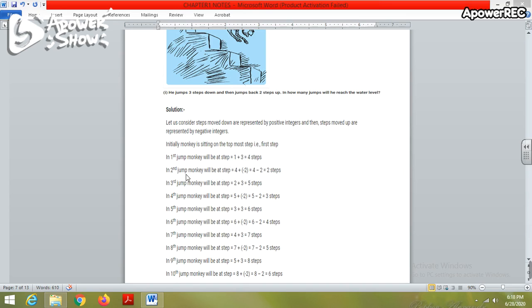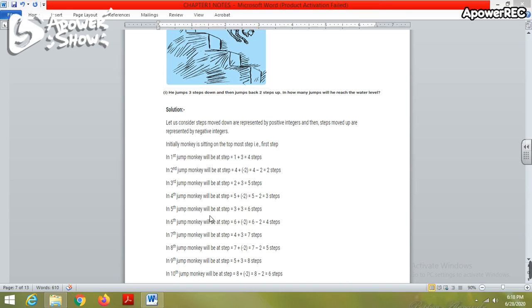Now again from the second step, he jumped 3 steps down, so again we have to add 3. So 2 plus 3 equals 5. And then again he jumped back 2 steps. So in the fourth jump, we subtract 2 from 5. So 5 minus 2 equals 3. After the fourth jump, he is at 3 step.